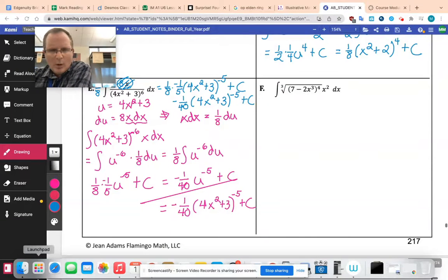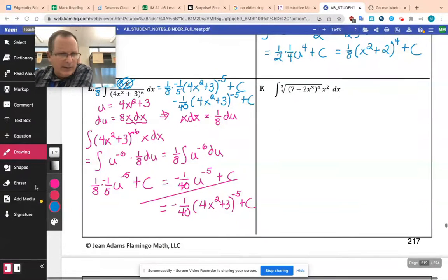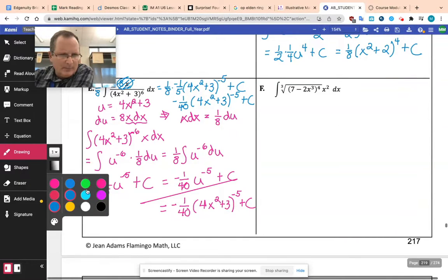Okay, example 1F. Let's do a little rewriting here at the very beginning. See what we can get. Blue will be fine.